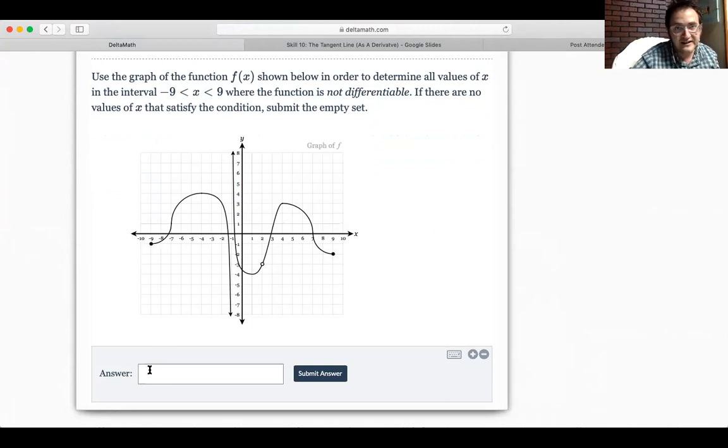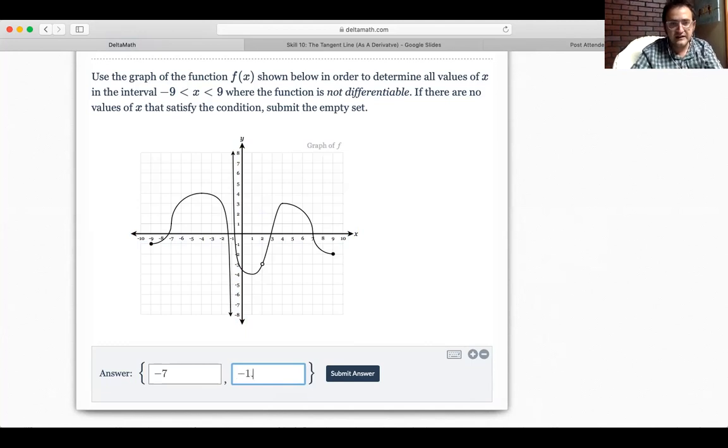But we can see that at -7, we can't, and then put a comma. So this will get you into set notation. At -1, you have a discontinuity. +2 is a discontinuity. And then at +7, you have a vertical slope.